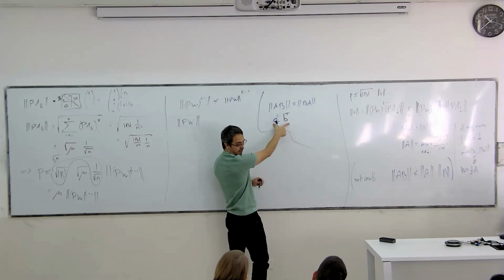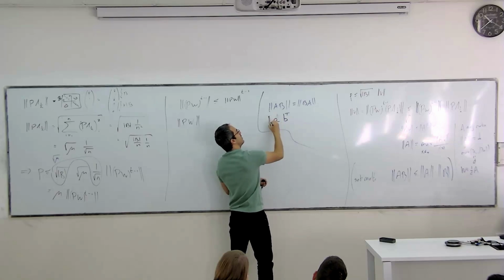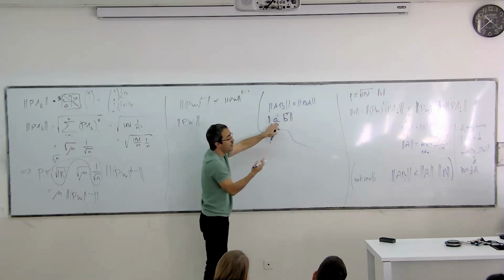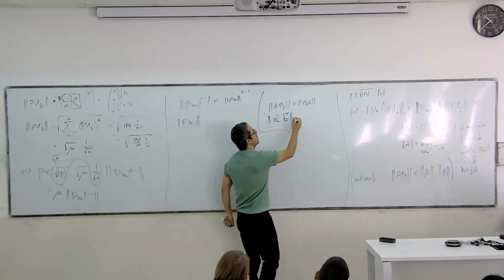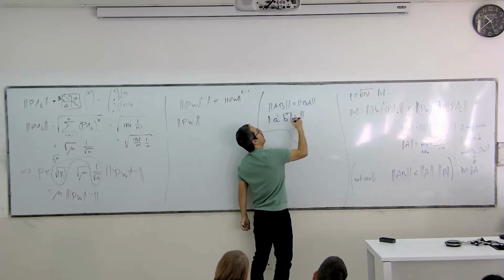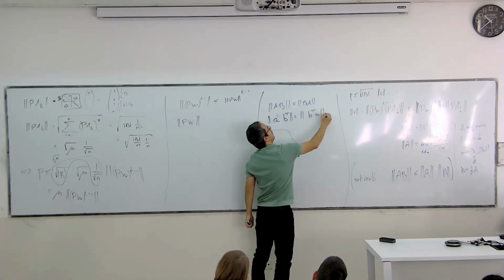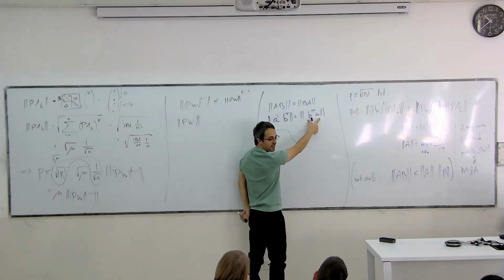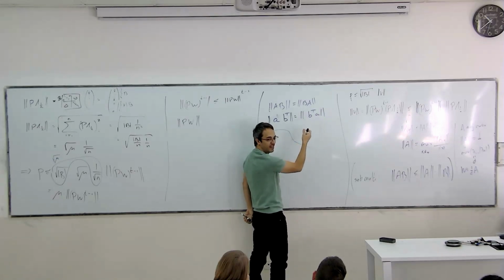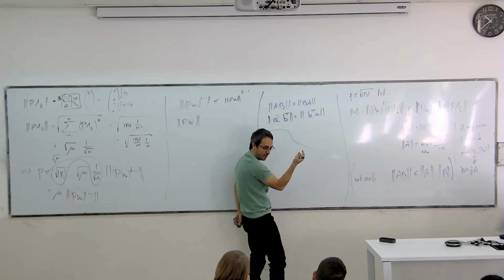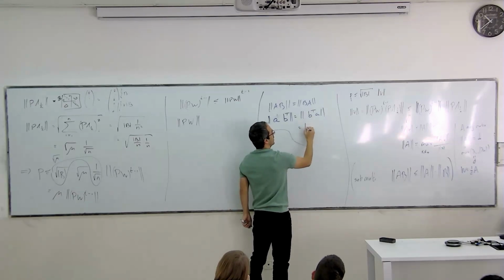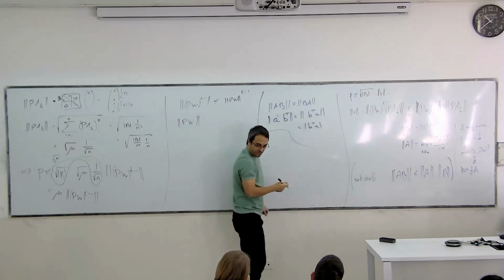Then AB is a matrix, a rank 1 matrix, and its norm is the same as the norm of BA. But what is this quantity now? It's a scalar, a number, and the norm of a scalar is just its absolute value.